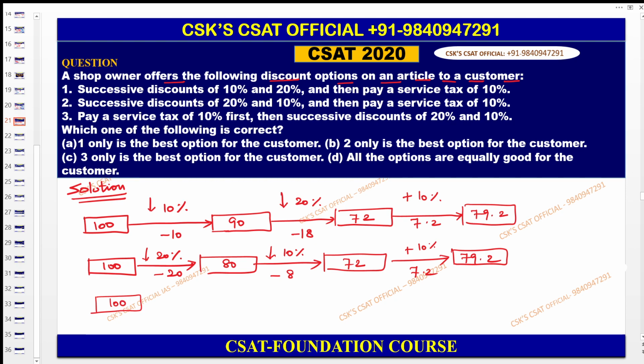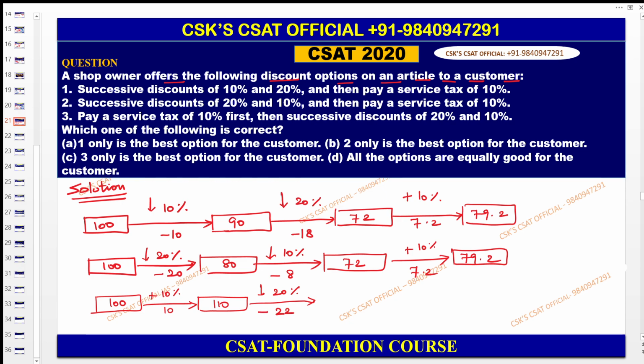Now last one, 100, 10% tax here. So tax means addition here, service tax you are paying, so therefore you need to add here, then it will become 110. Now after this, 20% of the discount here. What is the 20% of the discount here? 22 rupees.